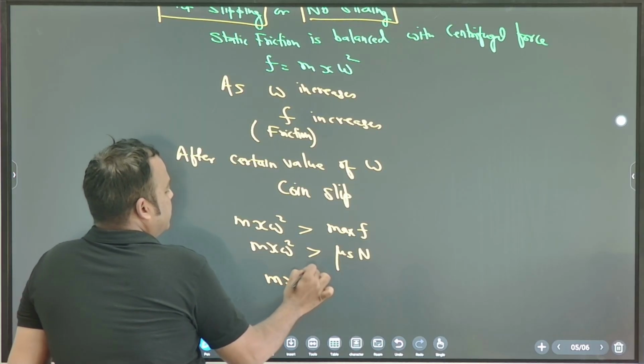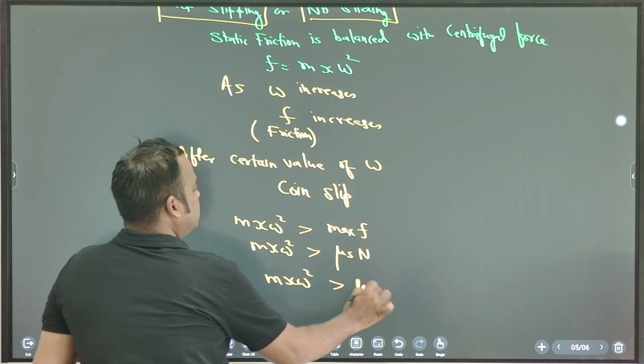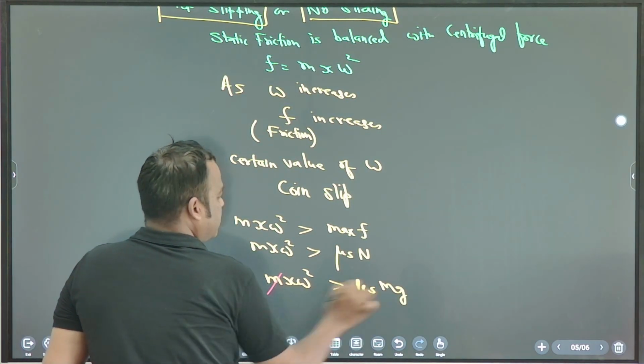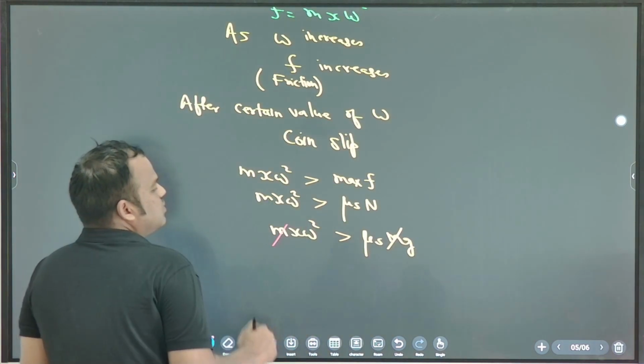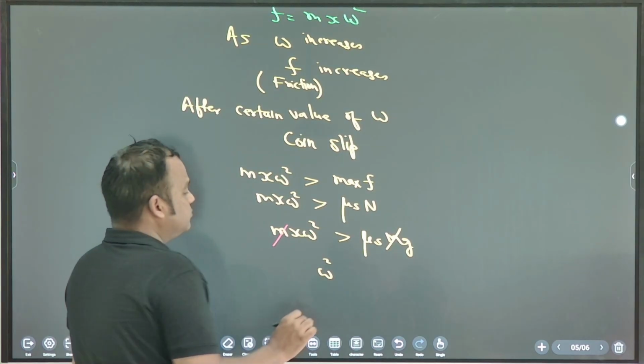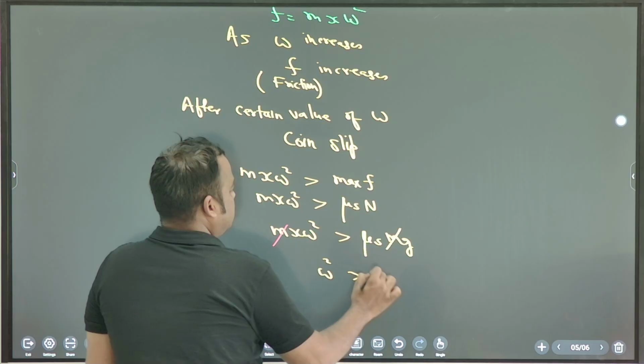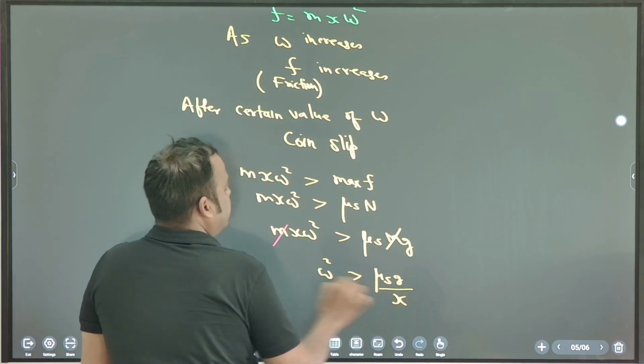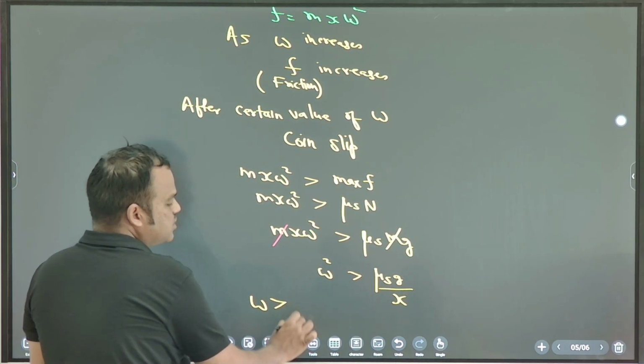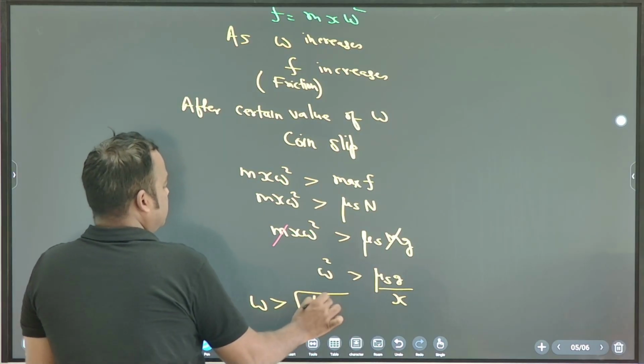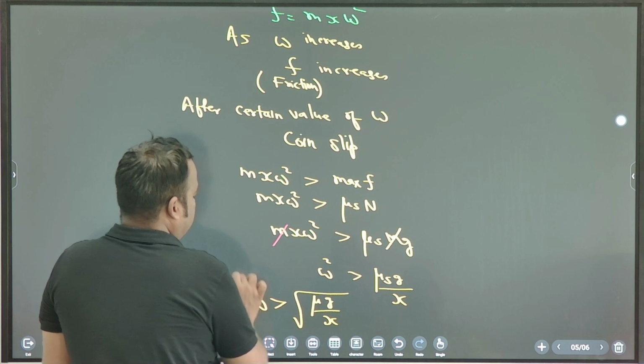So m x omega square is greater than mu s mg, cancel m. So omega square is greater than mu s g by x. So omega is greater than square root of mu g by x. Note down. So this is the formula.